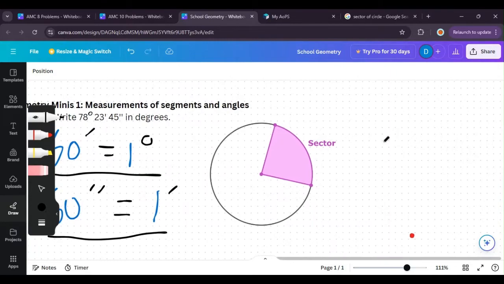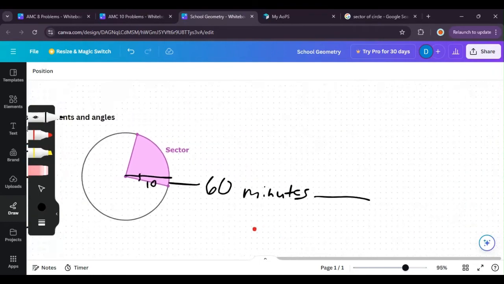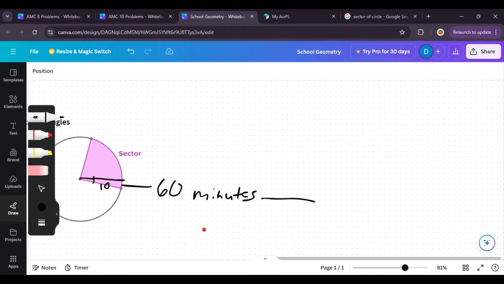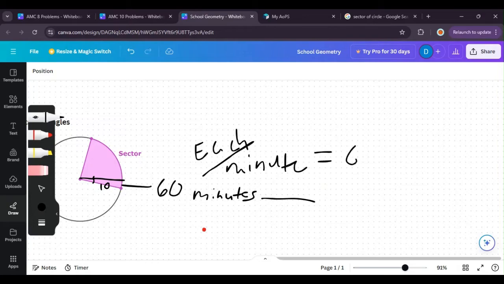So imagine if we have a circle right here and we have 1 degree. Well, in this degree, we have 60 minutes, and in each of those minutes, we have 60 seconds.